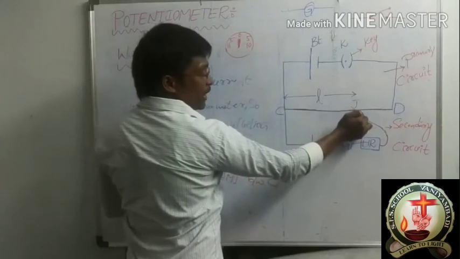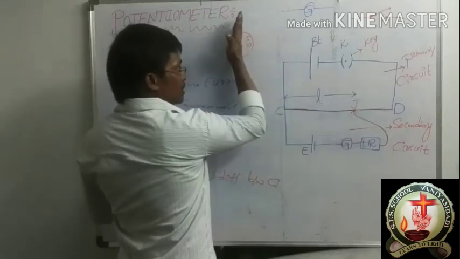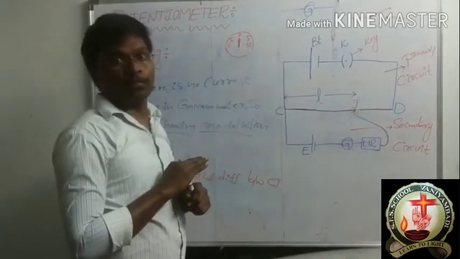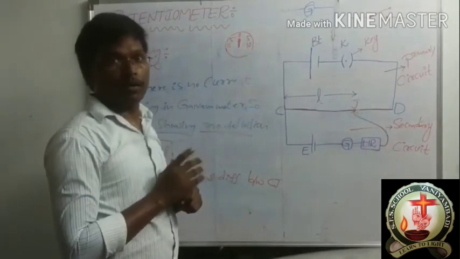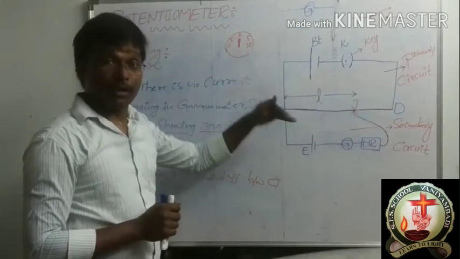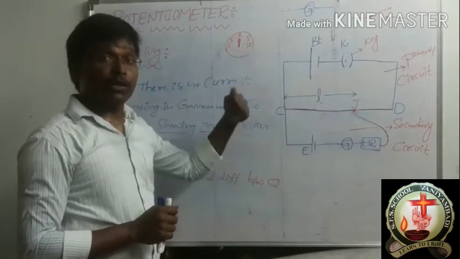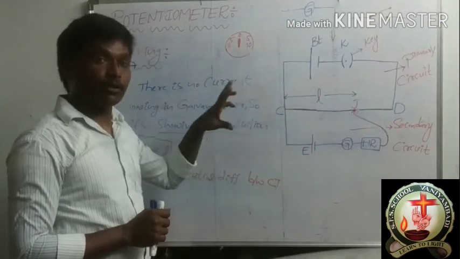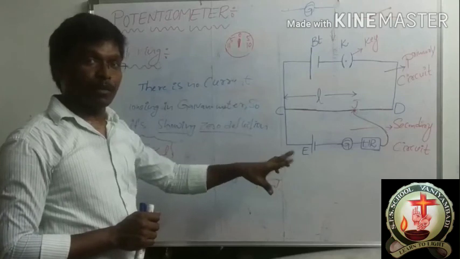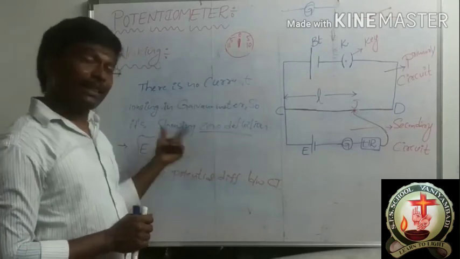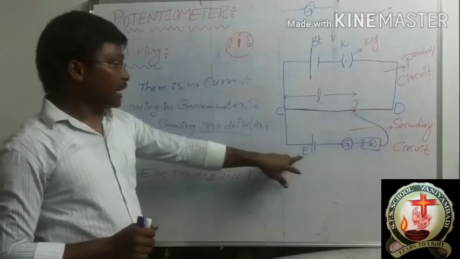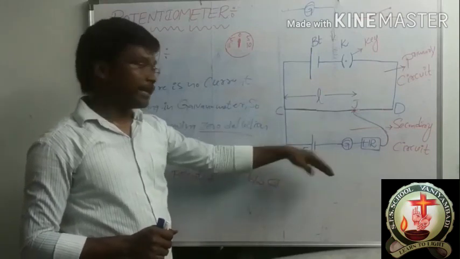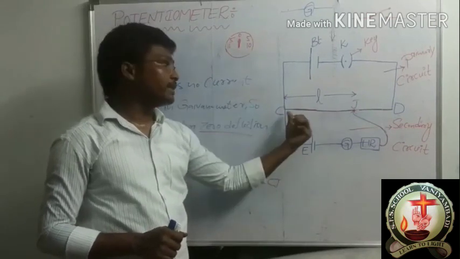At one particular point, the galvanometer completely shows zero. At that time you can stop the jockey on the potentiometer wire. Why is the galvanometer showing zero? Because at that time there is no current flowing through the galvanometer. In that condition, the EMF of the cell is directly proportional to length. Otherwise, the EMF of the cell is directly proportional to the potential difference between the points C and D.